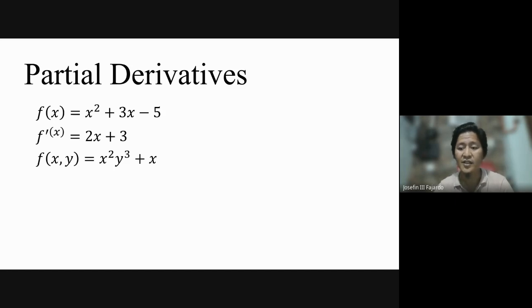So how do we get the partial derivative? The usual notation of the partial derivative is, guys, let me insert another equation. The symbol we will use for the partial derivative is the so-called curly d.